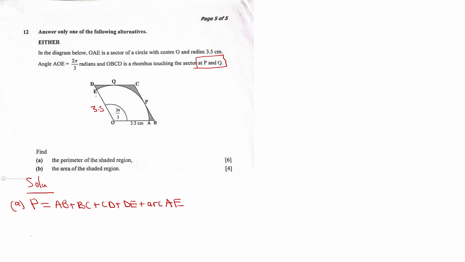So at the point Q, we have a tangent to the sector. And also at the point P, we have a tangent to the sector. Now that information is very, very cardinal.